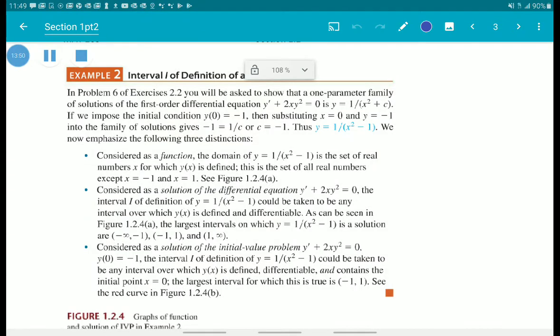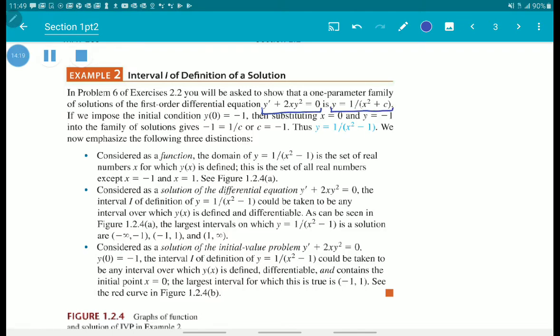So now let's talk a little bit about the interval of a differential equation versus the interval of the solution of a differential equation. So upcoming in section 2.2, we're going to be asked to show that if we have this differential equation, this guy is a solution.